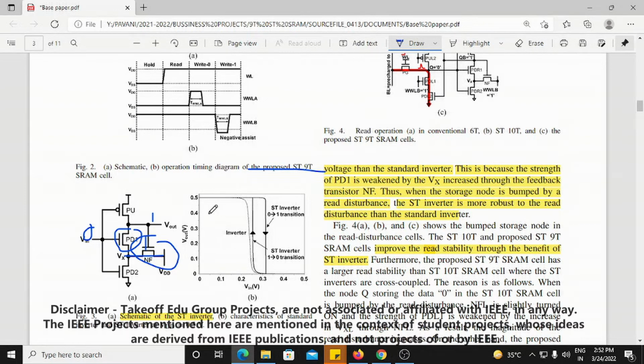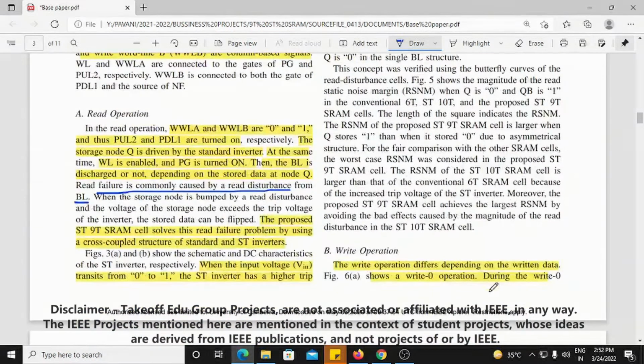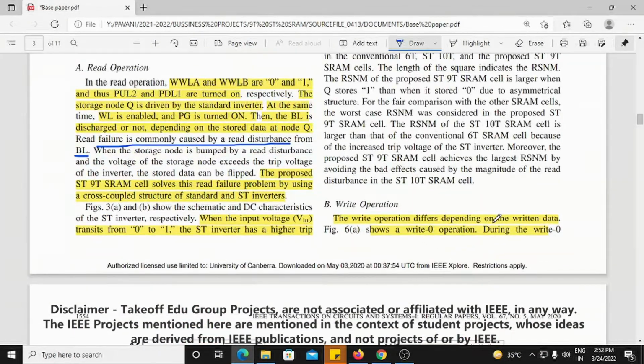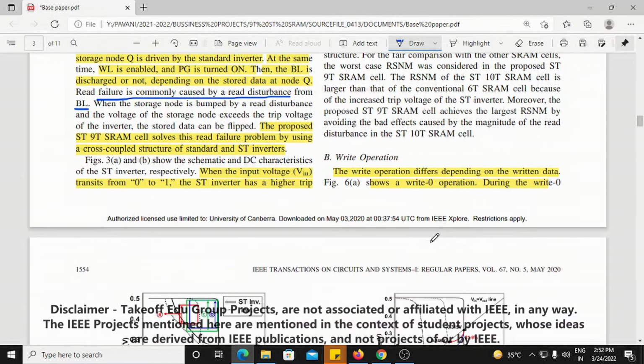By looking into this explanation up to now, we can say that read stability is improved by using the ST inverter. Coming to the write operation, it differs depending on the written data. There are different operations for write 0 and write 1.